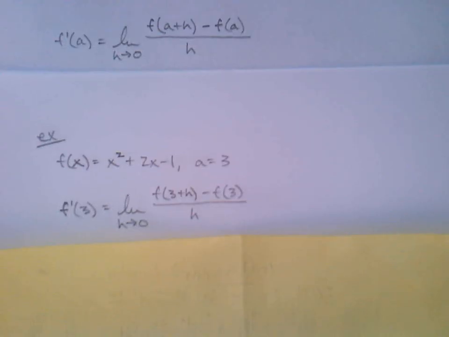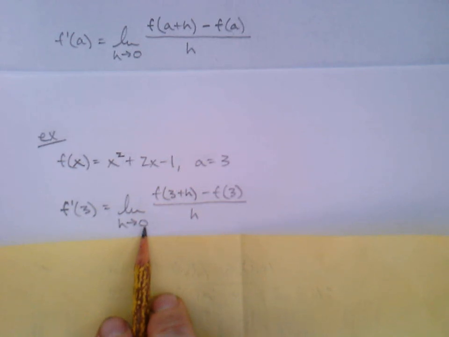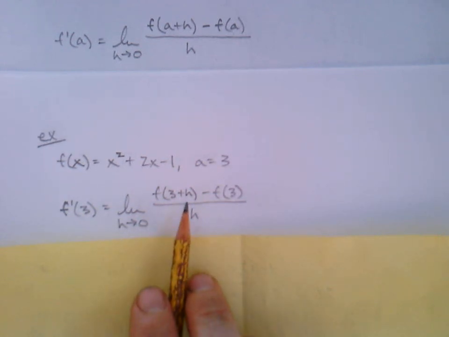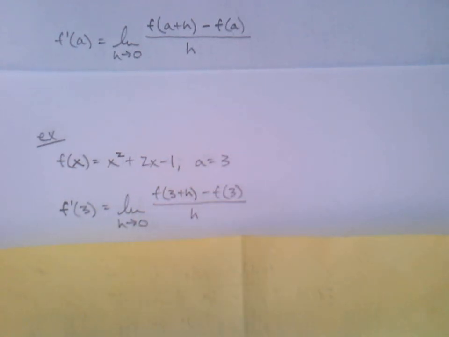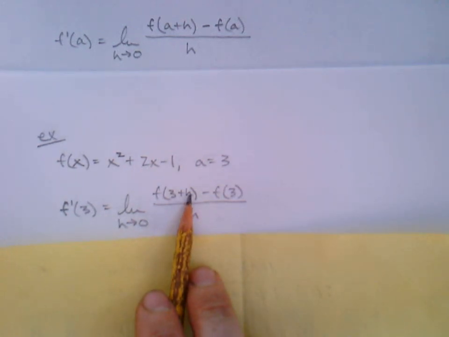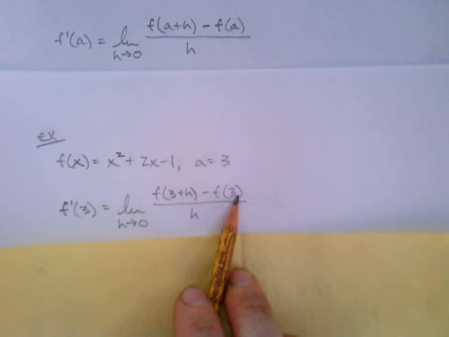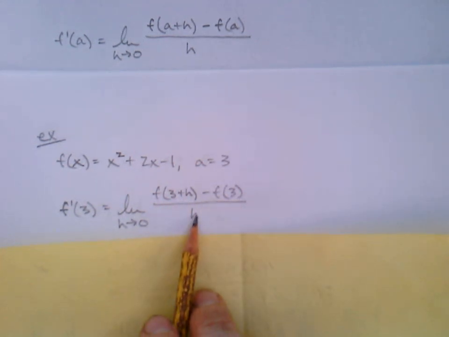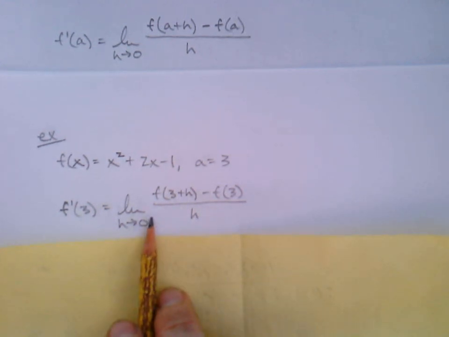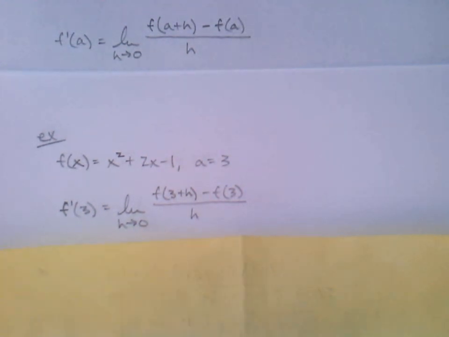Now, before we go any further, think about this with me for a moment. What if we tried to plug in 0 for the h's? If we plug the 0 in here, we'd have f of 3 minus f of 3. And if we plug the 0 in here, obviously it'd be 0. So plugging in h as 0 would still be 0 over 0. We can notice these sort of things.